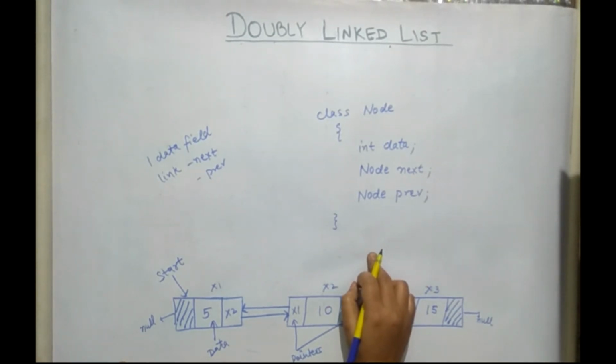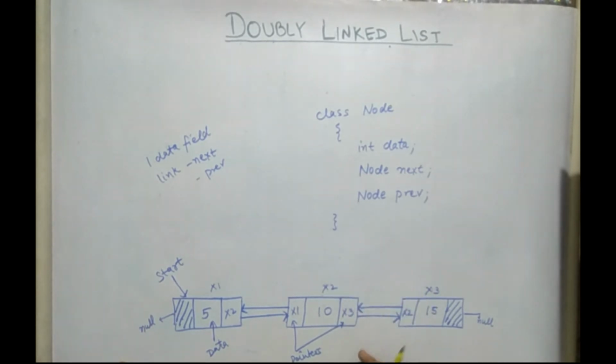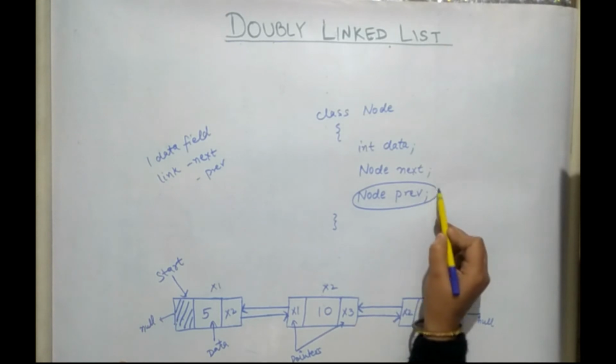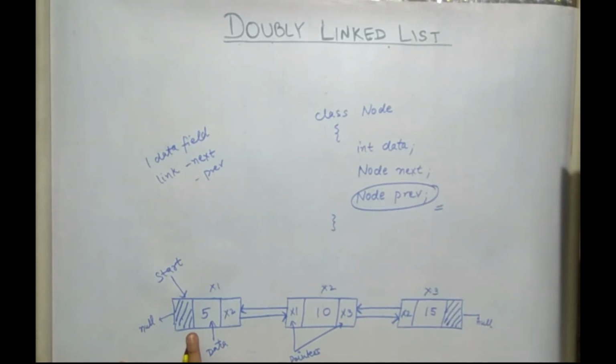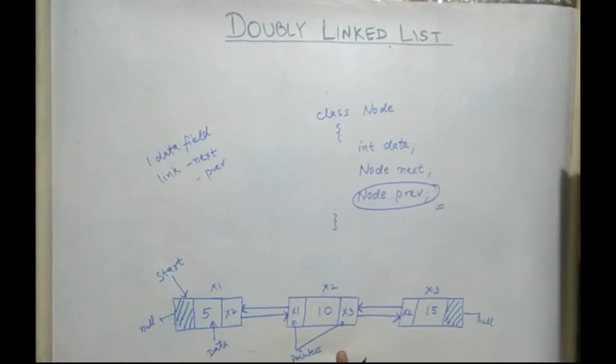One drawback of the doubly linked list is that we have an overhead of one extra pointer. In each node we have to save an extra link or pointer in comparison to the singly linked list.